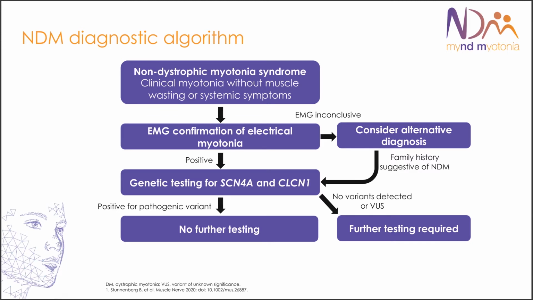In this case, if the family history is suggestive of NDM, again, we should perform genetic testing for the sodium channel and chloride channel. And if no variants are detected, or we find a VUS, variant of uncertain significance, further testing is required.